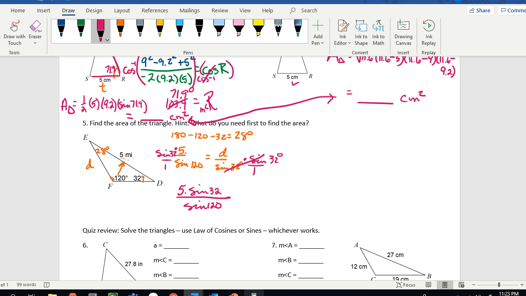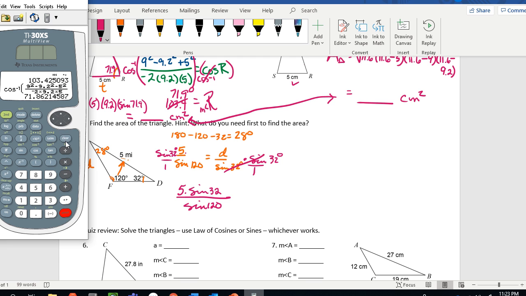The reason why is very simple. When you go to put this in your calculator, I'm going to clear this out a second. If I put sine 32 times 5 all over sine of 120, I have to show you what your answer comes out to be.